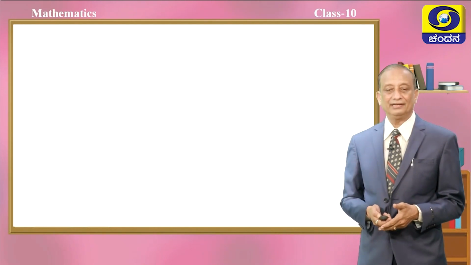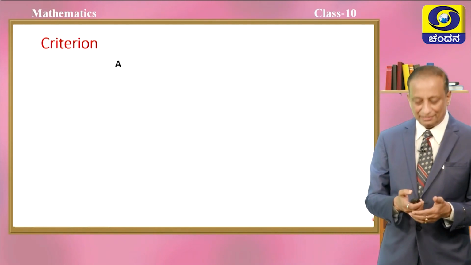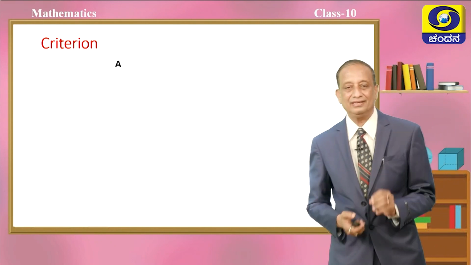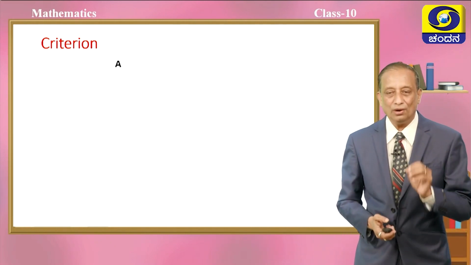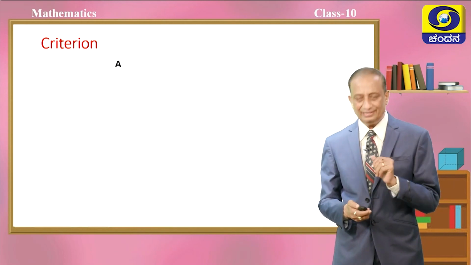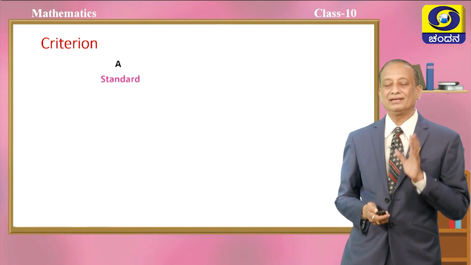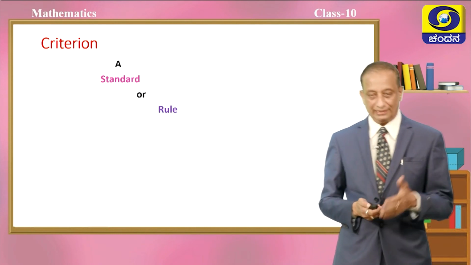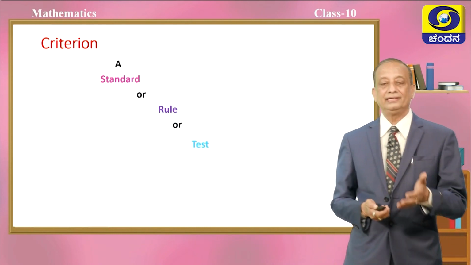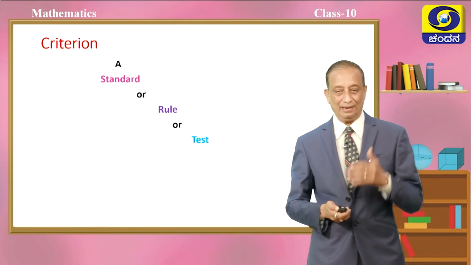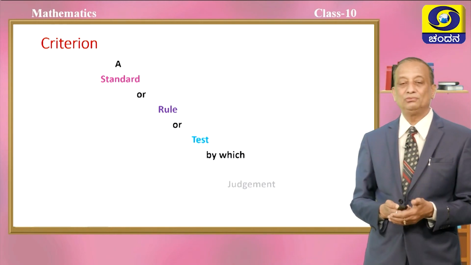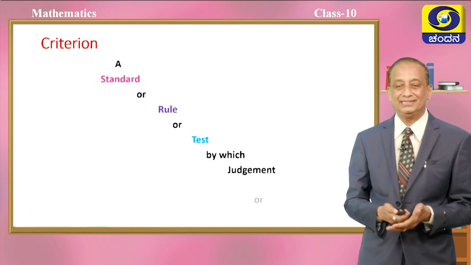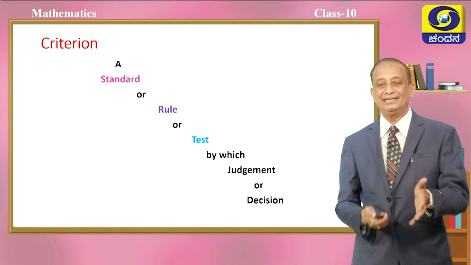Okay. Having understood this, now let me tell you briefly, for the first time you are hearing this word criterion, what do you mean by a criterion? Criterion, children, is nothing but a standard, okay, or a rule. It can be a rule or it can be a test, based on which we will be able to pass a judgment or take a decision.